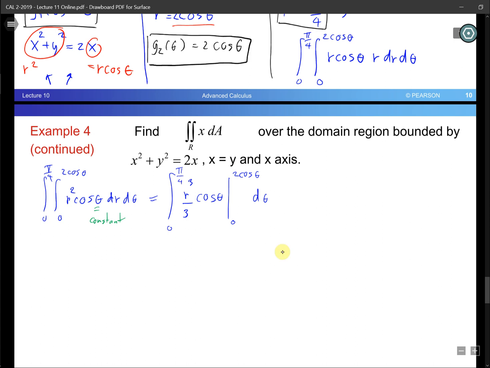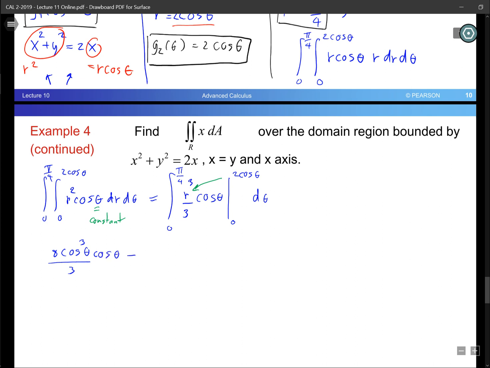Alright, 2 cosine theta goes in. So 2 cosine theta goes in as r, so you get 2 cubed, that's 8, and cosine theta cubed divided by 3, the term that we had before, times cosine theta.